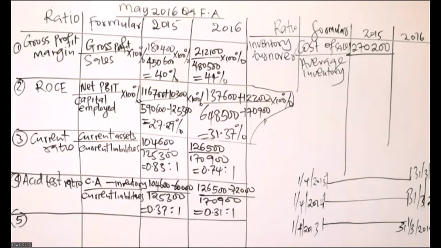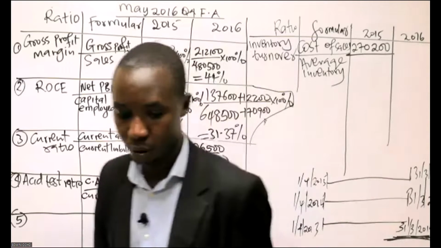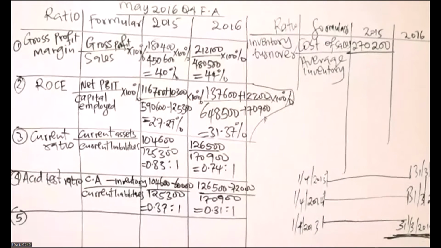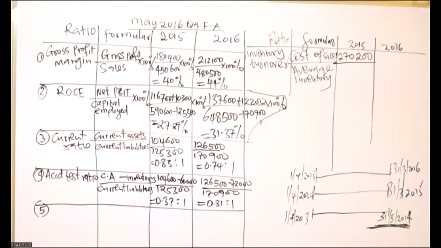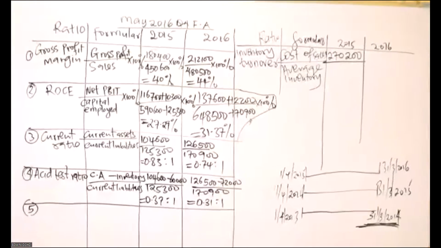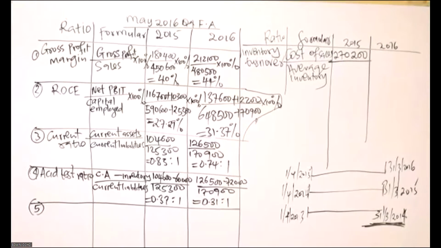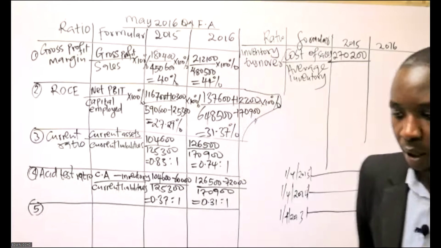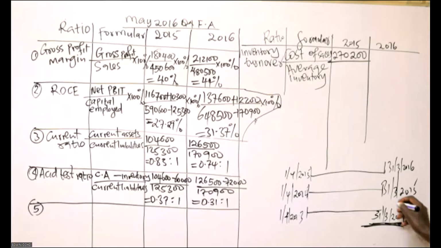So for the 31st March 2014, here you are being given the inventory of 64. Then 2015, you were told this.